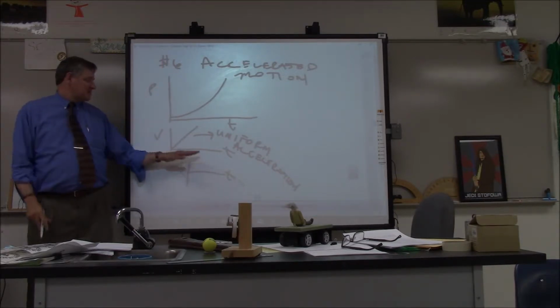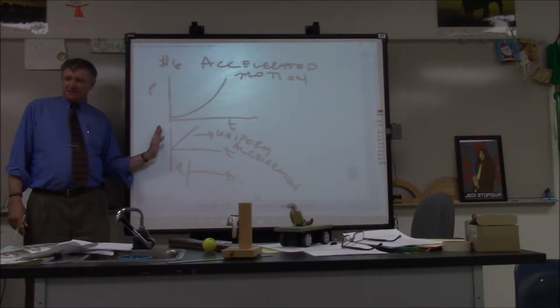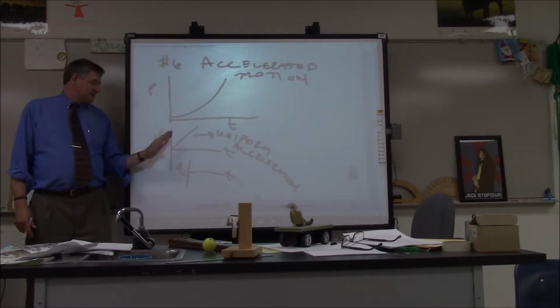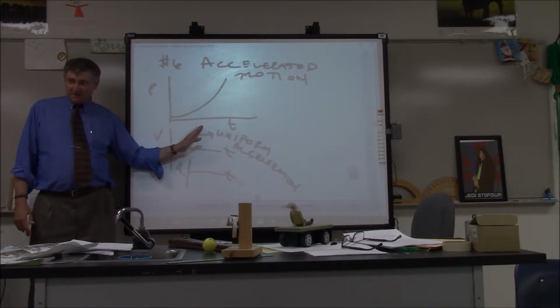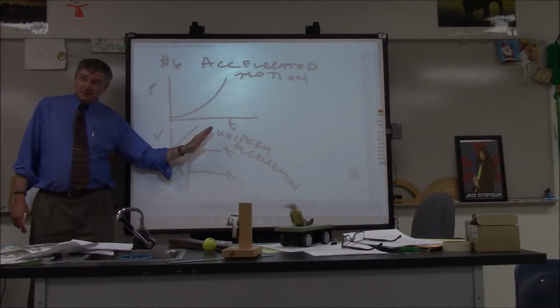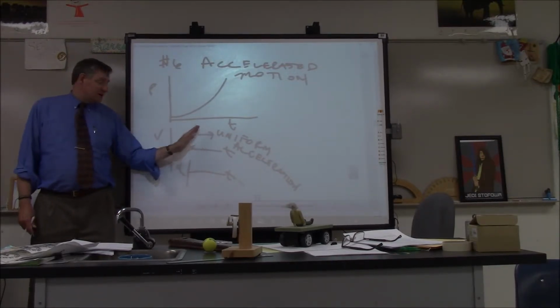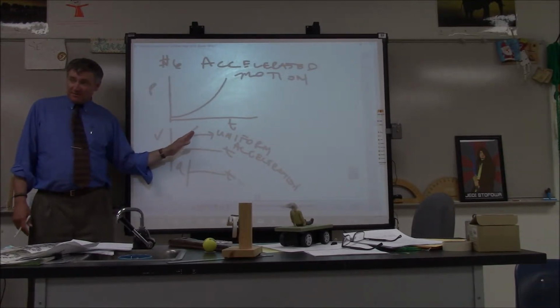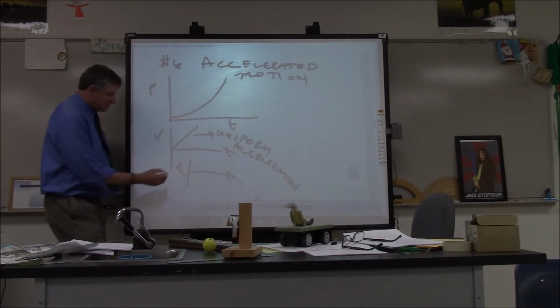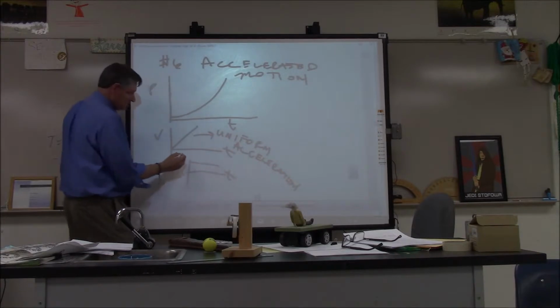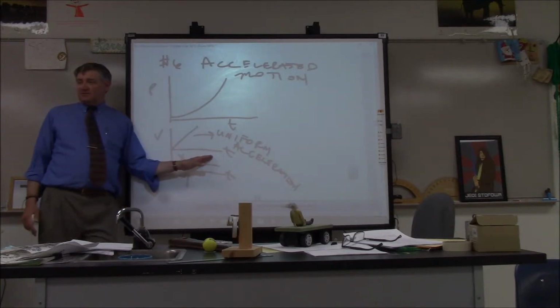What does the slope of my velocity time graph give you? So is my acceleration a non-zero value? Yes, because my slope is a non-zero value. Is the slope positive or negative? Positive. So on my acceleration time graph, this is just going to be a horizontal line with some positive acceleration.